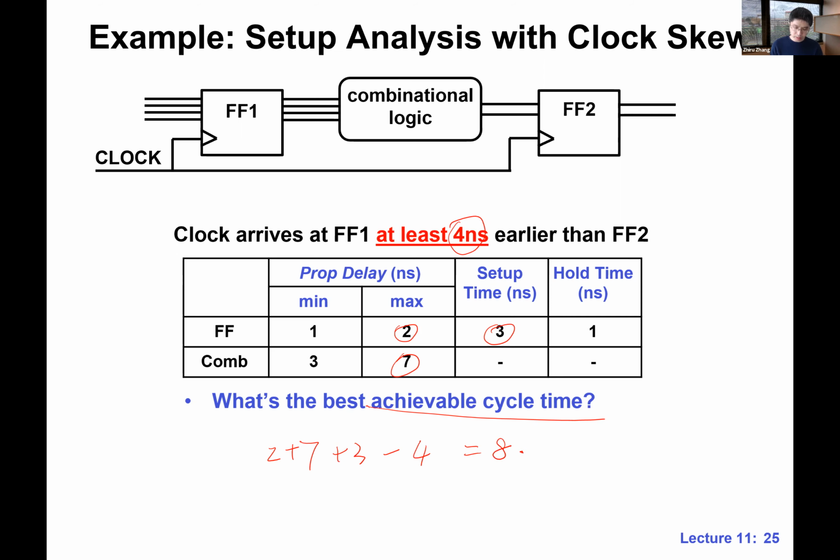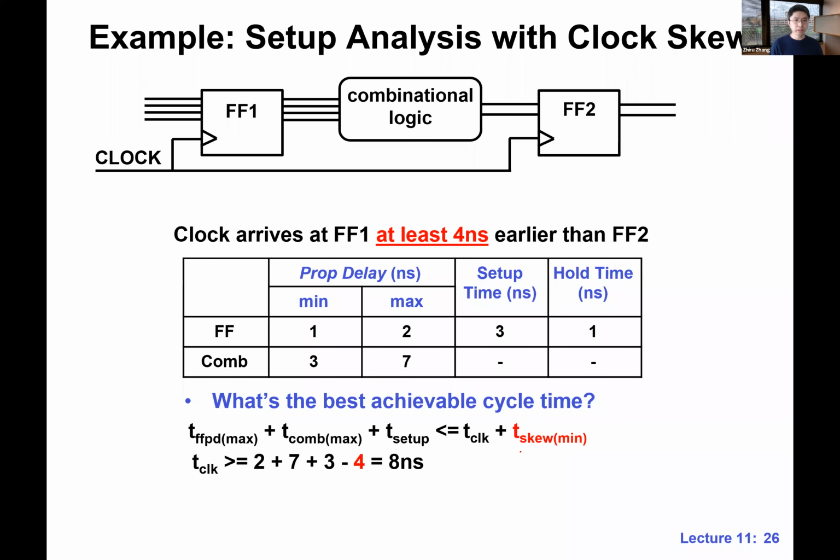This is 8. Okay, if this is not clear, this is the derivation. So this is the arrival time. If you move the setup to the right hand side, you have the deadline. And I'm going to talk about this a little bit more. Why do we use min, not max? And this is how we get 8 nanoseconds.